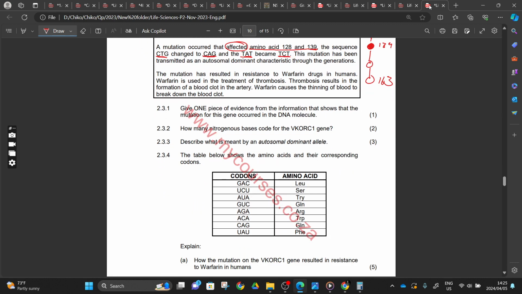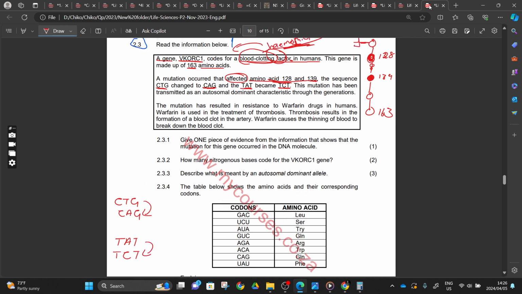So the sequence change was CTG changed to CAG, and TAT was changed to TCT, right? So this affected the amino acid. Since there was an effect in this amino acid, it means that the amino acid changed, right? That's what we can get from this.